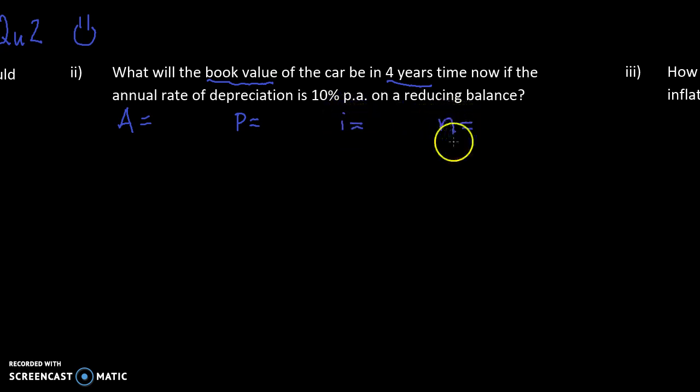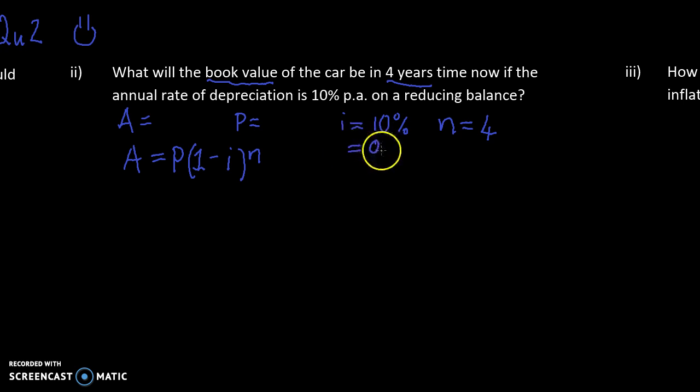Let's see what information we have. We know that it's going to be a reducing balance, and we've already identified that that formula is this one, 1 minus i to the power of n. We're told it's in 4 years. We're told that it's an interest rate of 10%. I prefer to write it as a decimal, so 0,1.